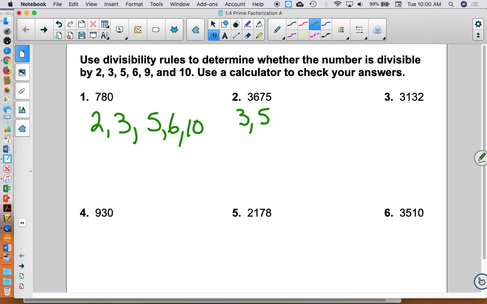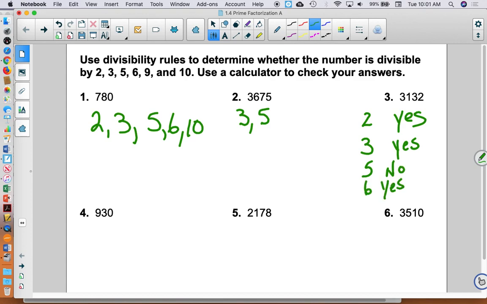Okay? So let's just go really quick here. Is number 3 divisible by 2? Yes. Is it divisible by 3? Let's see, 3 plus 3 is 6 plus 3 more is 9. Is that divisible by 3? Yes. Is it divisible by 5? Nope. Is it divisible by 6?